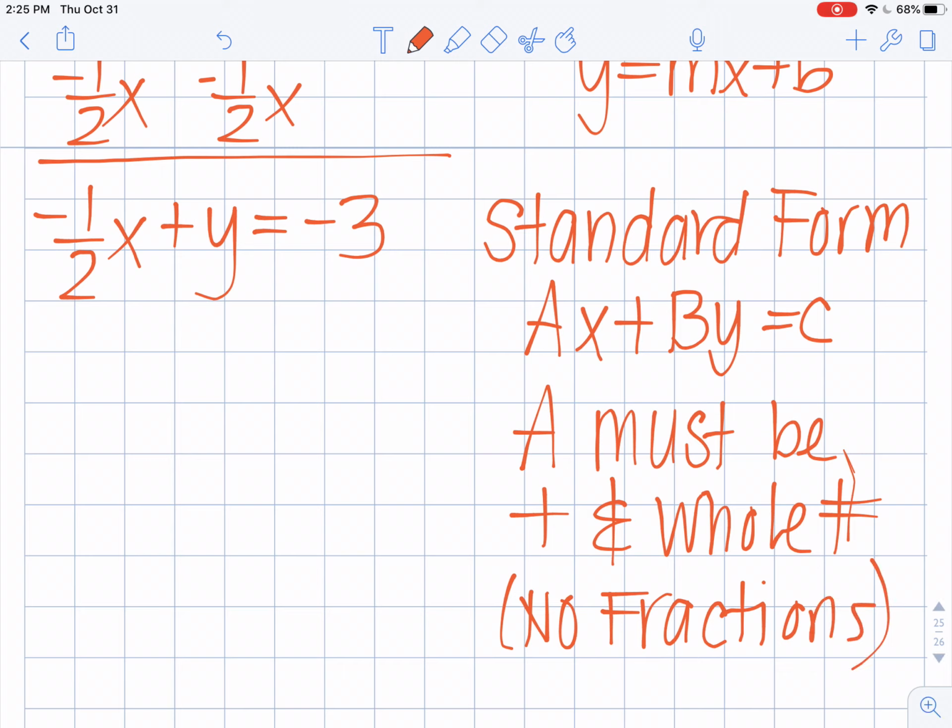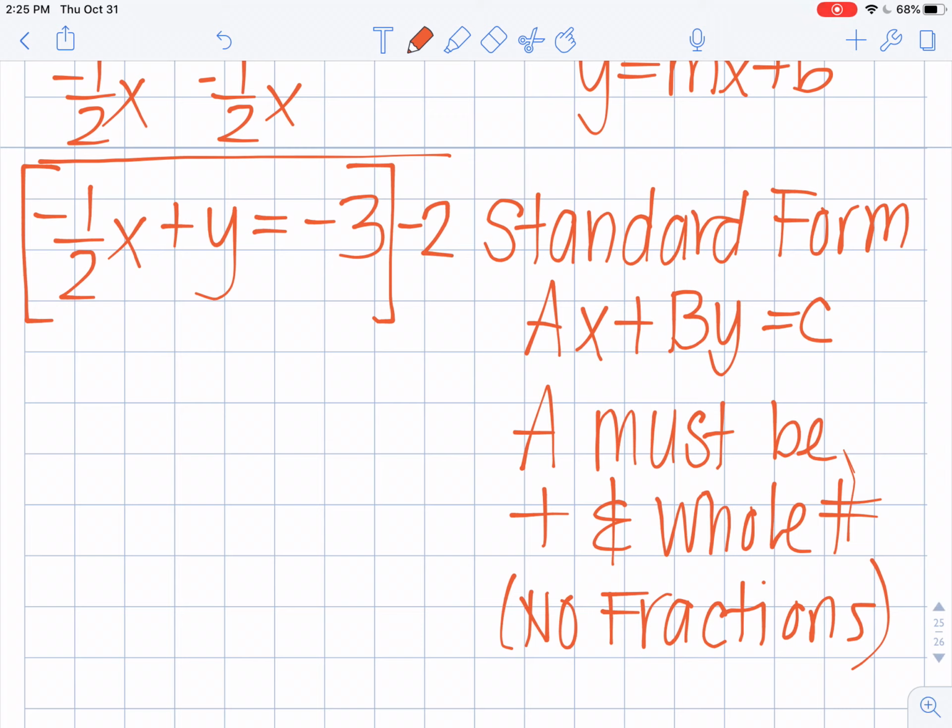So I have to somehow get rid of this fraction. So I'm going to multiply by what we call the opposite reciprocal, where I have to actually clear out this 2 and get rid of this negative. So I'm going to take my whole equation and multiply it by -2.